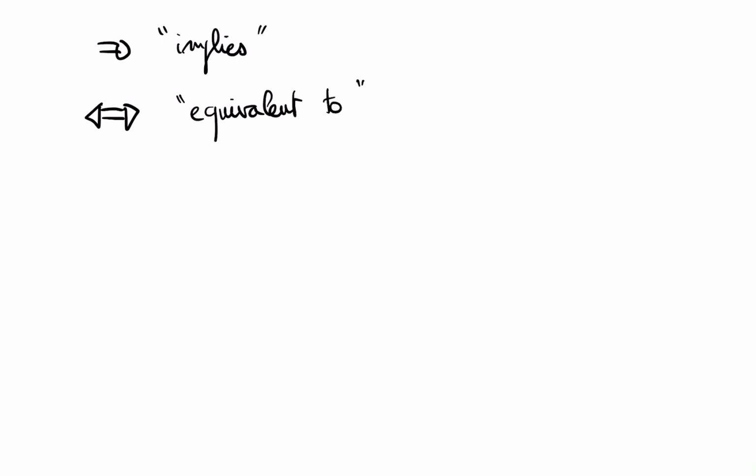Finally, so I've explained what this symbol means. It means implies. There is also a symbol that I've used actually and maybe didn't explain properly before. This is this arrow, which has two ways, left and right, and this means equivalent to. So for example, 2x equals 10 is equivalent to x equals 5.